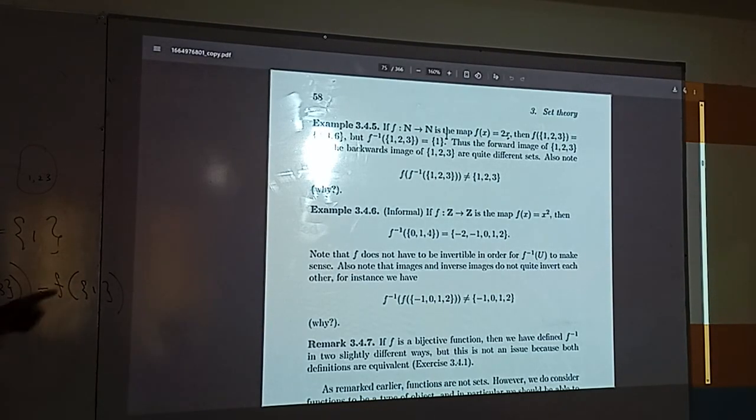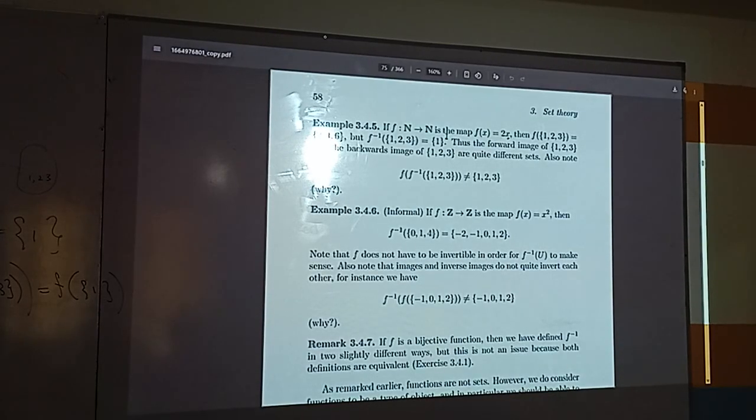f(x) is 2x. What is f of this set? Remember, f of S is the set of all f(x) such that x belongs to S. If you apply that definition, what will you get? 2x.